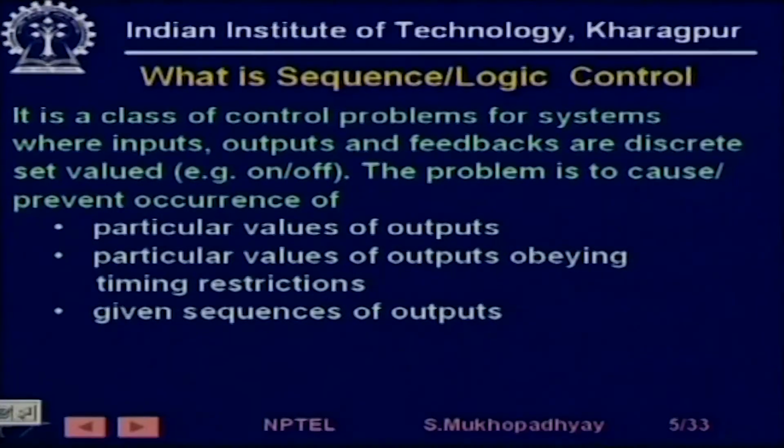We might also like some given sequences of outputs. So, for example, let's take a buffer where some machine is producing parts and then putting them in the buffer, and the buffer from time to time gets emptied. Maybe the buffer capacity is 2.